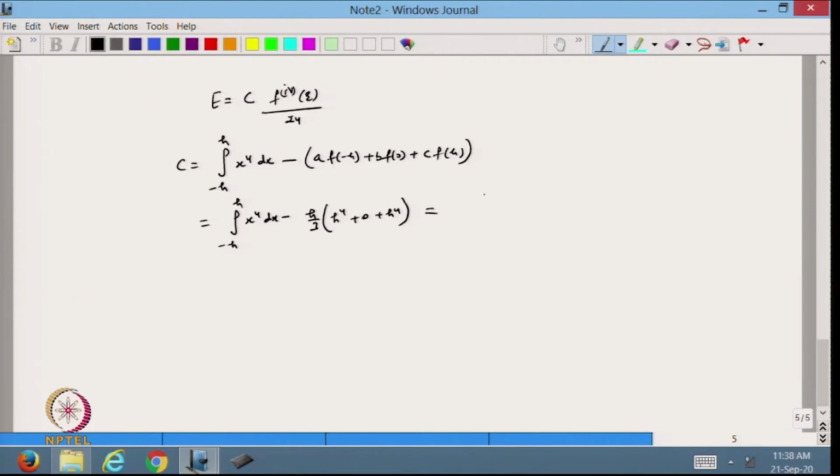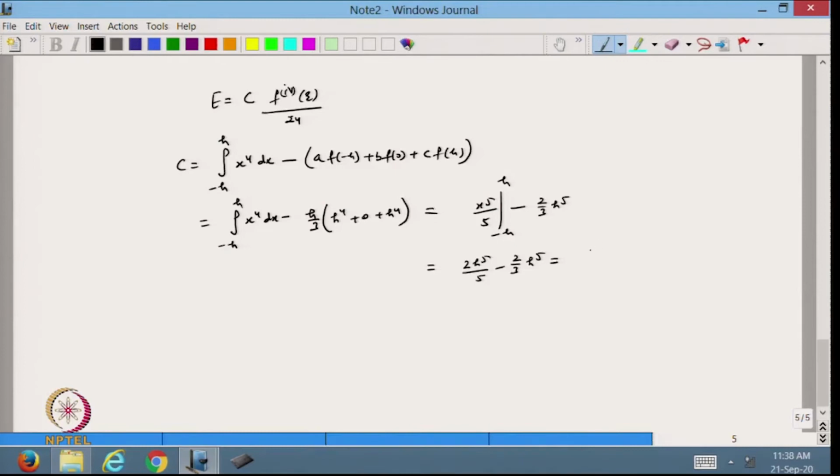So, from here this will be x to the 5 by 5 from minus h to h, minus, and this will be 2 times this one. So, I can write 2 by 3 h raised to power 5. From here this will be equal to 2 h to the 5 by 5, because I can take h raised to power 5 plus h raised to power 5, 2 times h raised to power 5, minus 2 by 3 h raised to power 5.